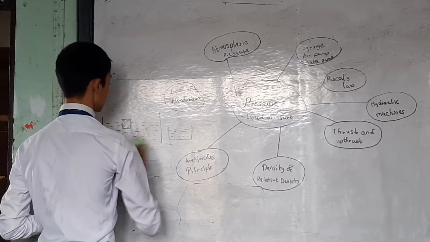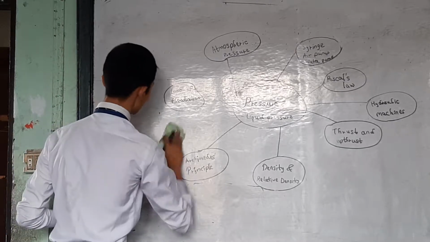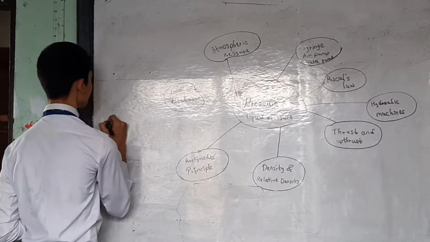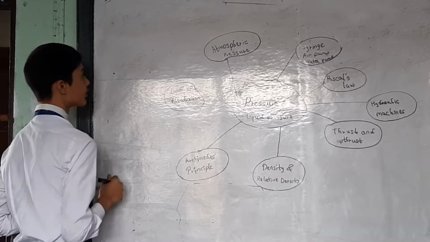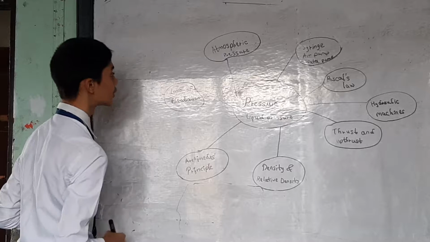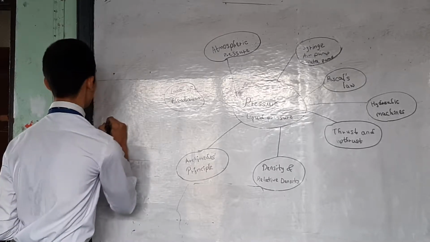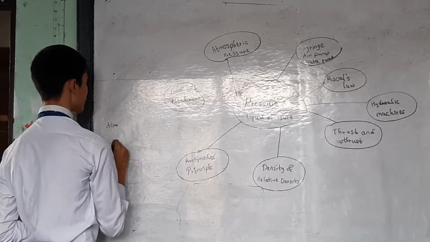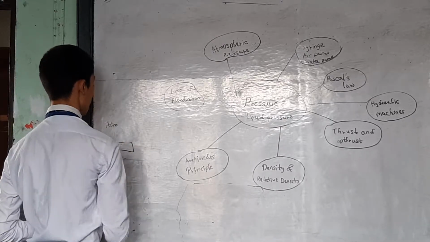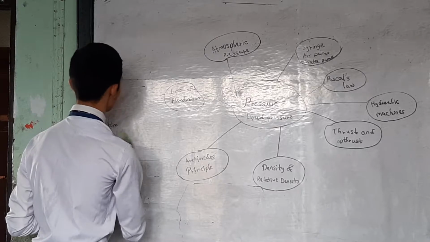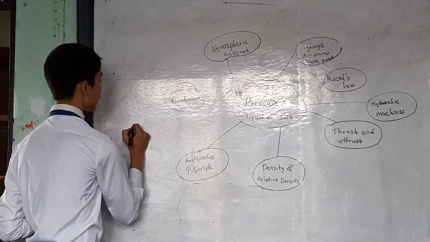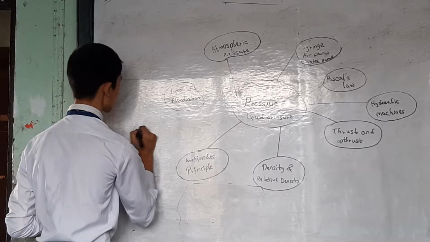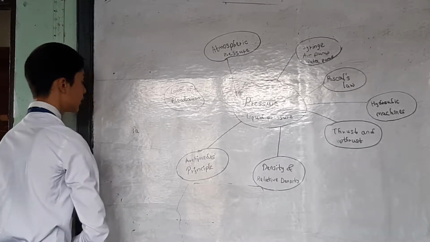Okay, so the portion of liquid pressure is finished. Now let's talk about atmospheric pressure. We know that liquid pressure is the pressure exerted by liquid, and atmospheric pressure is the pressure exerted by air on the ground surface of the earth. Now liquid pressure is measured by the unit Pascal, since it was derived by Blaise Pascal.